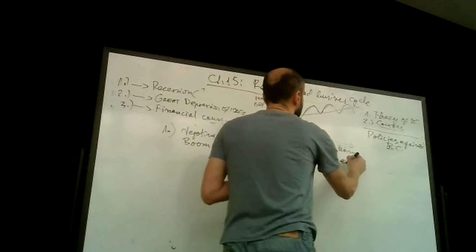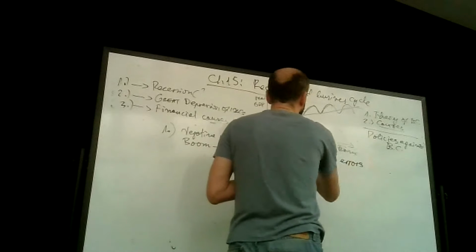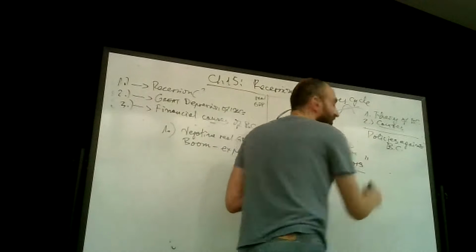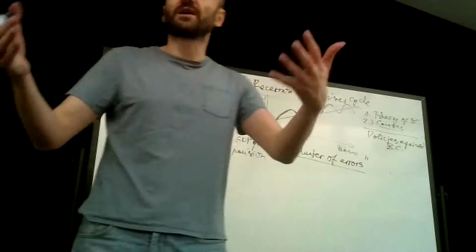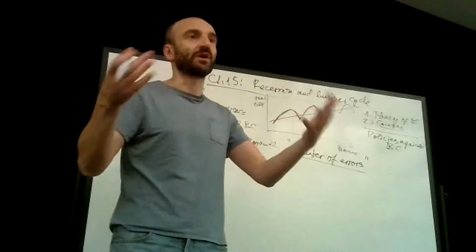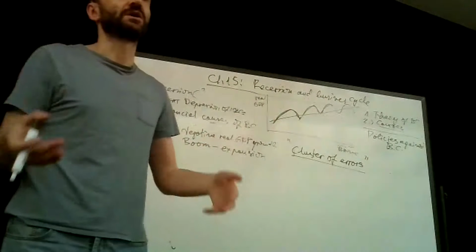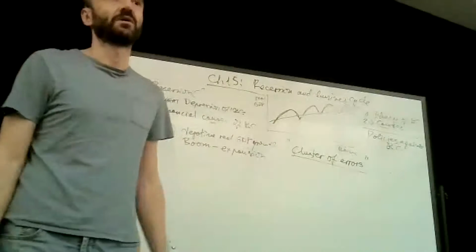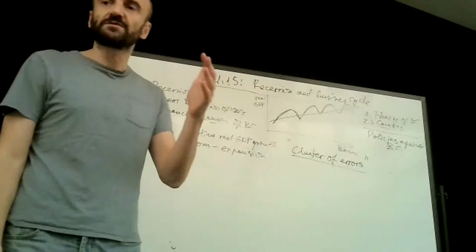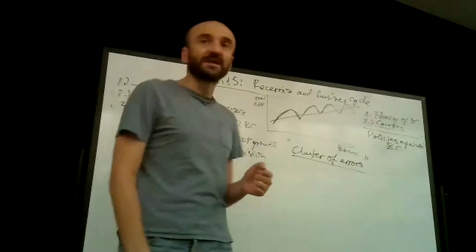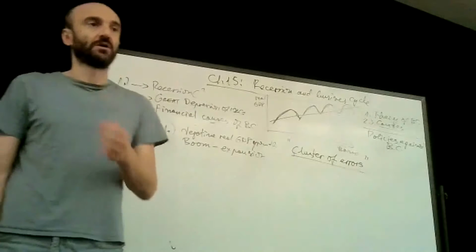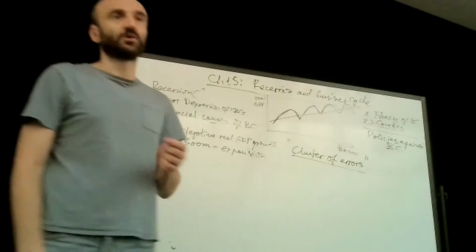Cluster of errors. So, all of a sudden, a very large number of people seem to have started making mistakes or errors of business judgment at the same time. Now, this is something that is very, very strange from a basic standpoint of logic, let alone economic logic.